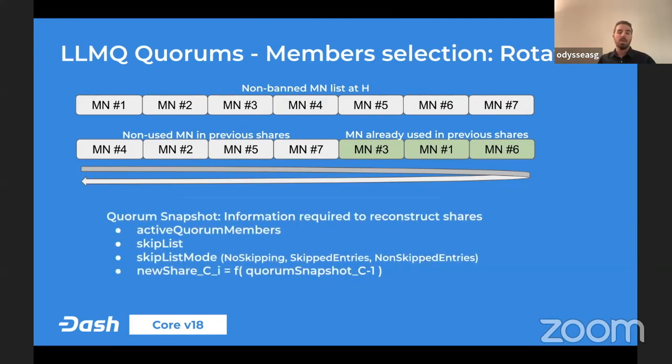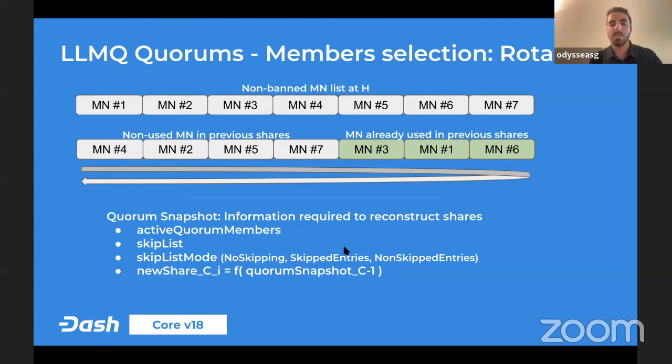And at each cycle, we create an object that we call quorum snapshot, which is basically all the information required to construct the new shares. So we have the active quorum members.